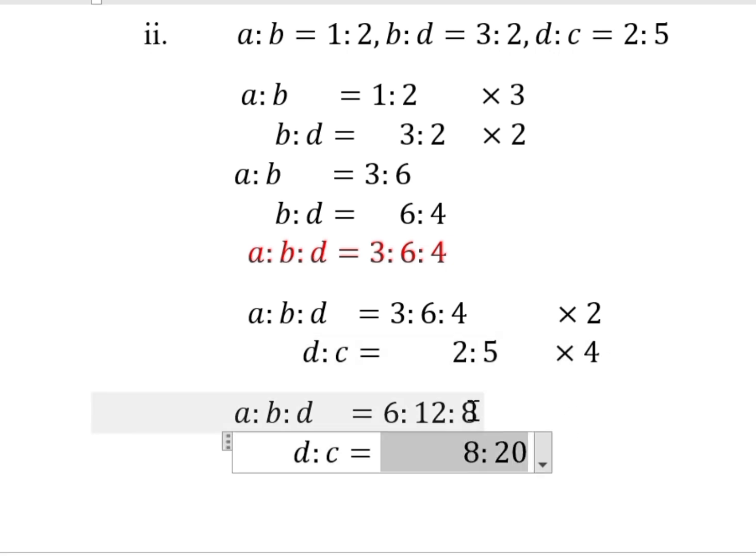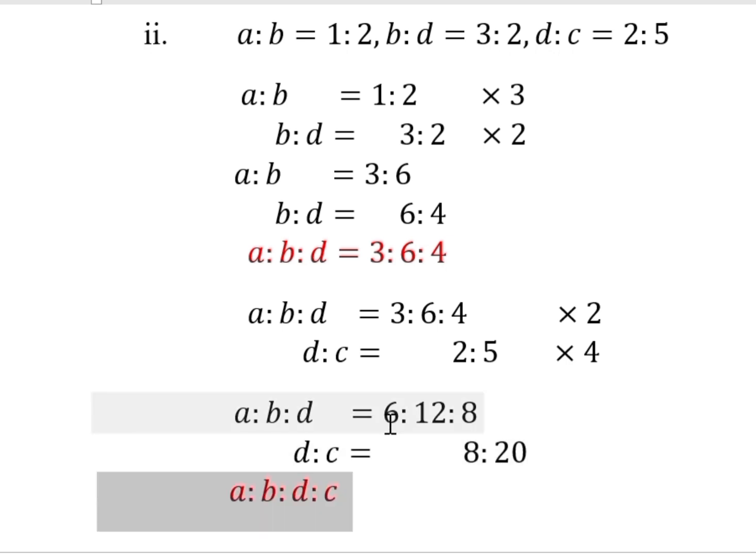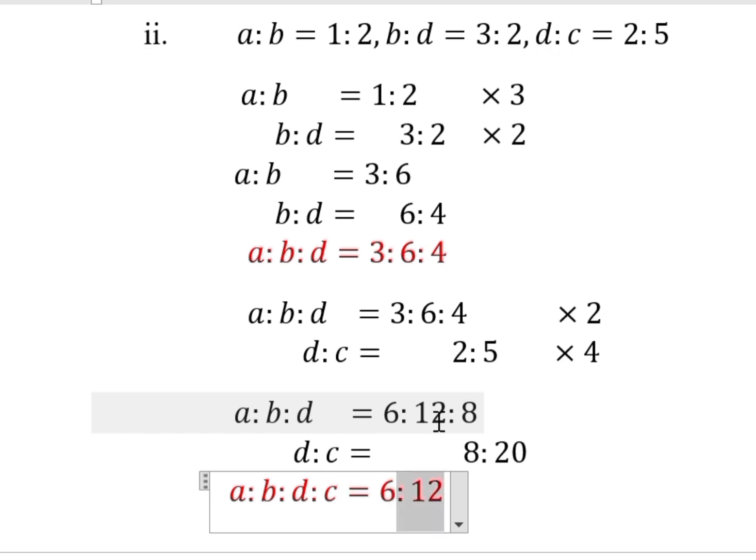You can see I'm writing them in the corresponding manner they appear here. So that means A to ratio B to ratio D to ratio C will be equal to 6 to ratio 12 to ratio 8 to ratio 20.